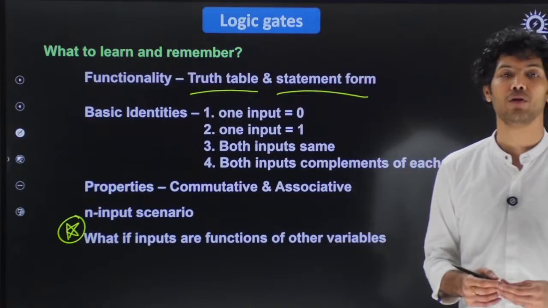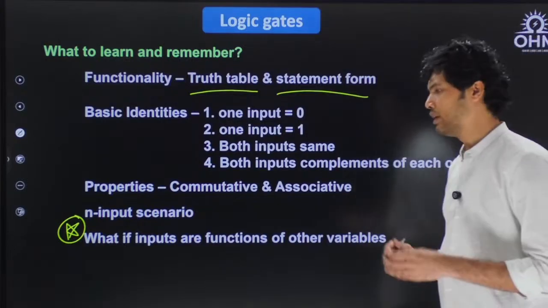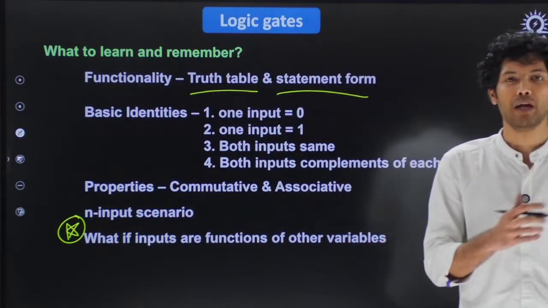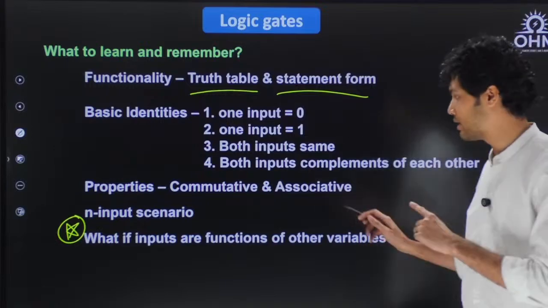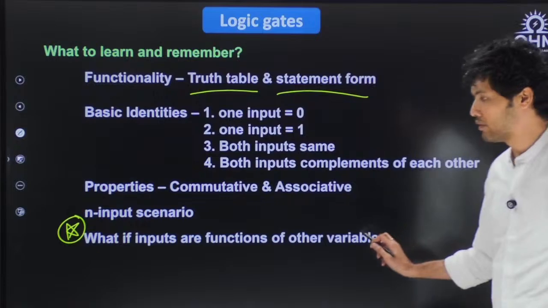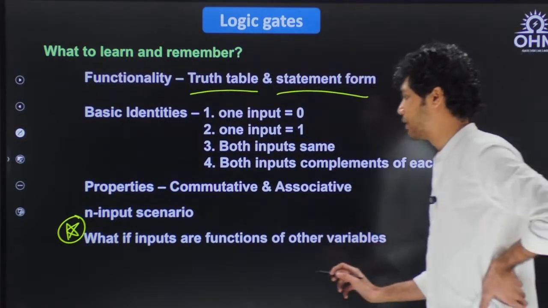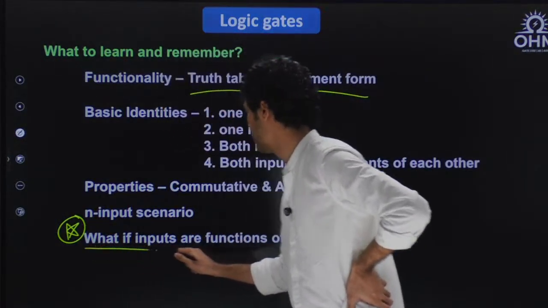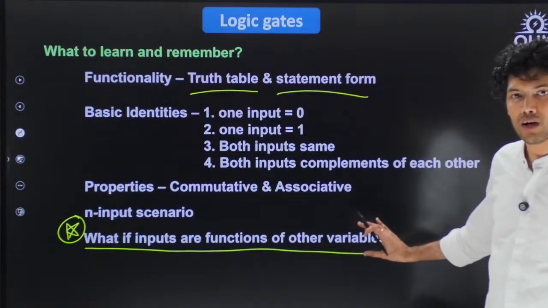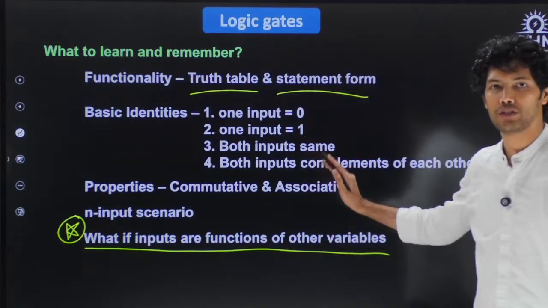Sometimes they specify the inputs in the form of functions. Even if the question is not about inputs in the form of functions, sometimes when you solve problems, if you understand this approach, it becomes very easy to solve the problem. This is what I was telling earlier. I will be focusing this session mainly on this point. Today's session is all about how to solve logic gate questions using this approach, which we will discuss towards the end of the logic gate discussion.